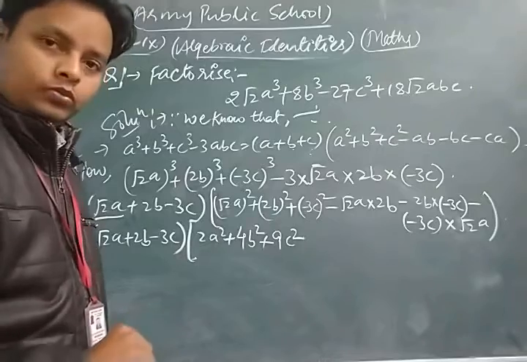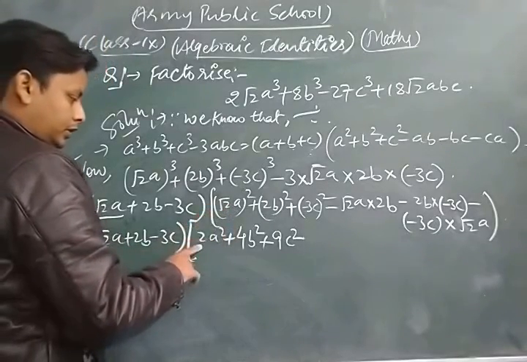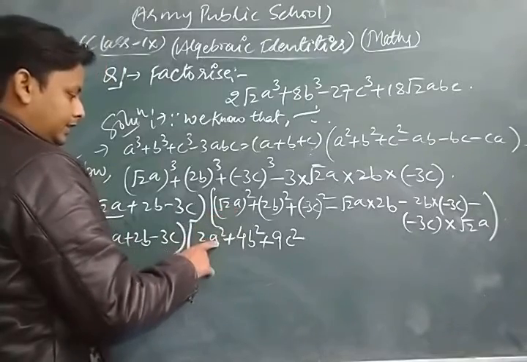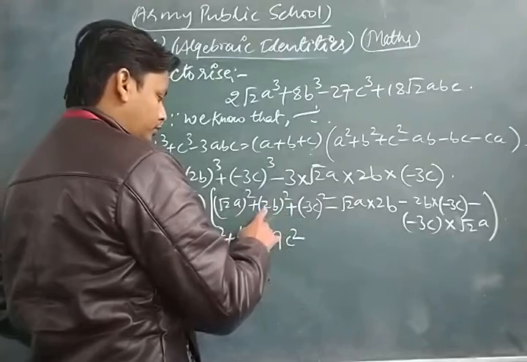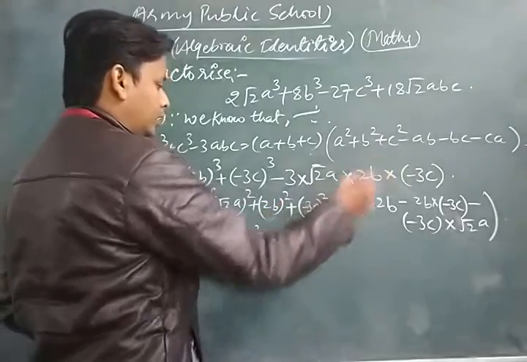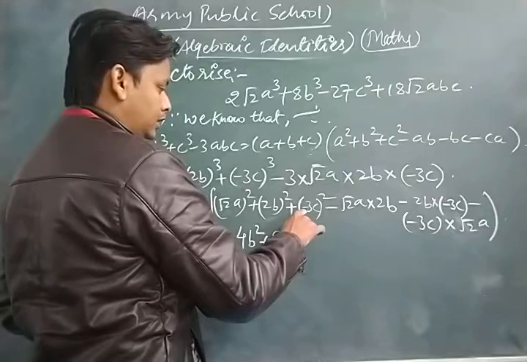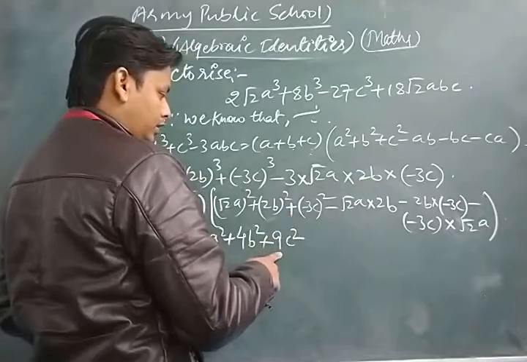So first of all, root 2a square, root 2 square is 2, that is 2a square. Here 2b square, the square of 2 is 4, so 4b square. Here minus square is converted into plus, 3 square is 9c square.